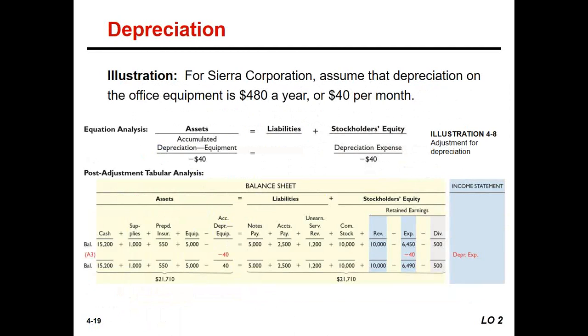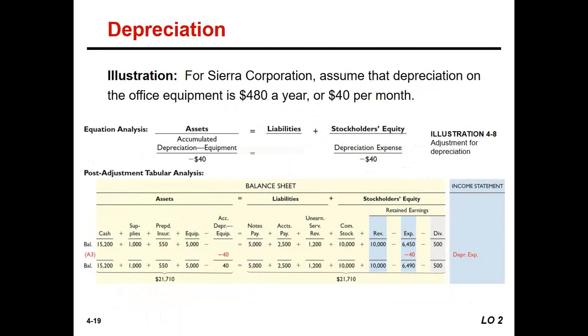Because, I say, that would violate the cost principle. Remember, our assets, our fixed assets, we record in the books at their original cost, and they are not adjusted based on fair market value, increases or decreases. So I want to leave that on my books, my equipment that costs $5,000. So I use accumulated depreciation.